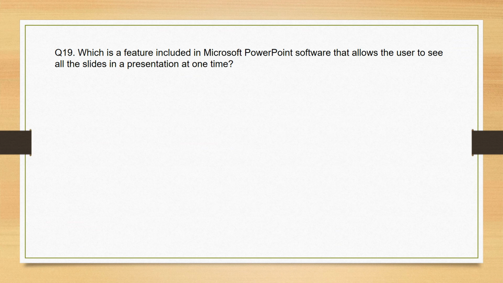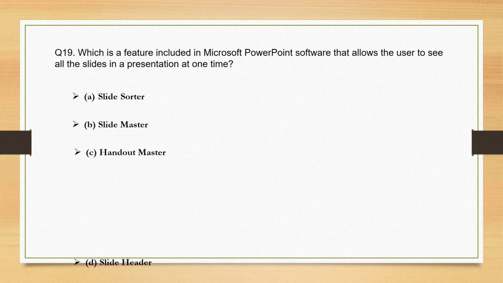In this question we have, which is a feature included in Microsoft PowerPoint software that allows the user to see all the slides in a presentation at one time. If you want to see all the slides of your presentation at one time, what will be the correct answer? We have slide sorter, slide master, handout master, slide headers, reading view.